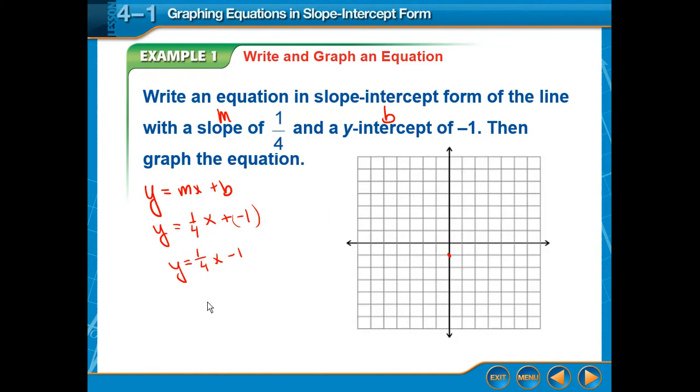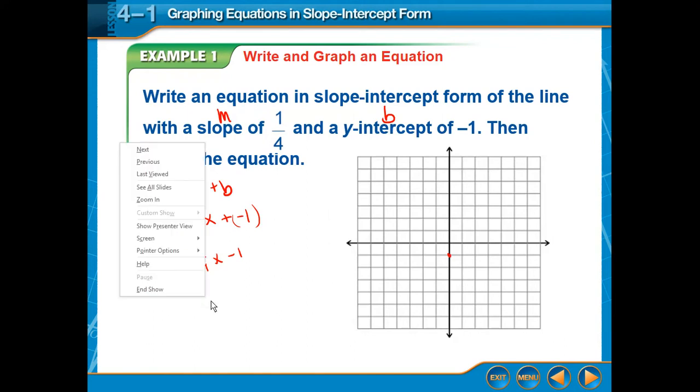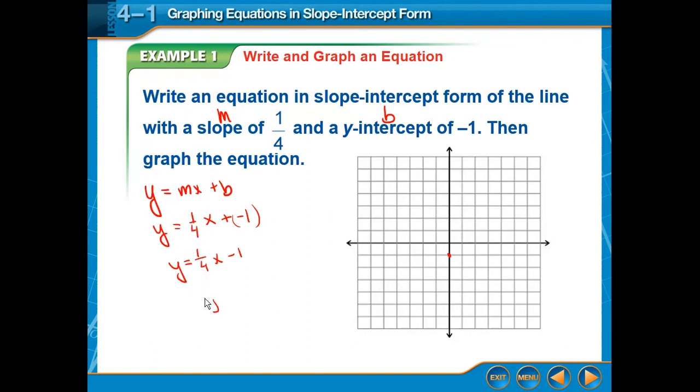Remember, slope is how much y changes, change in y over change in x. So if we have 1/4, that means it goes up 1 and forward 4. From that point, we go up 1 and forward 4, and we get another point.